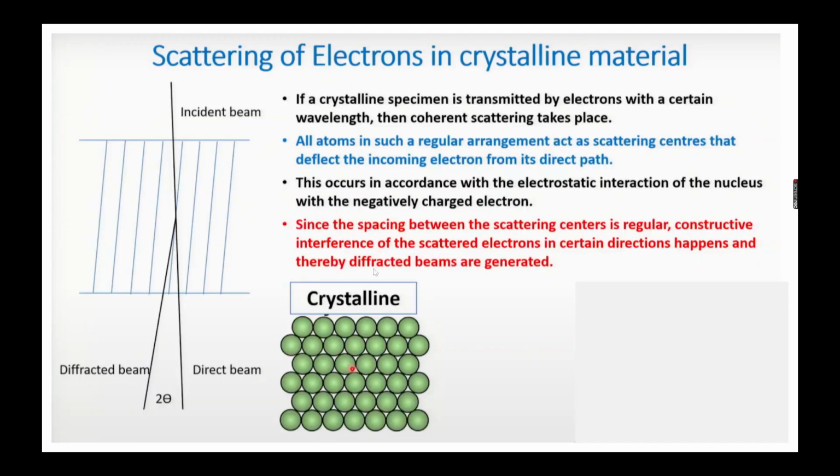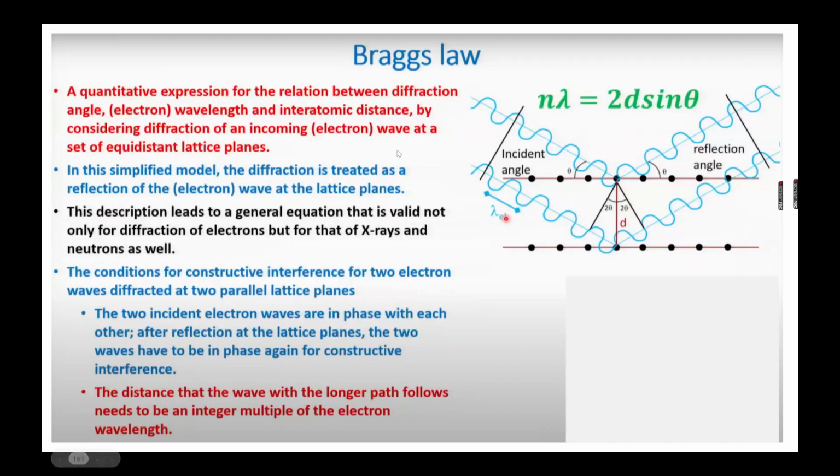But here this angle is smaller when you consider electron diffraction, whereas here it is going in an altogether different direction. If you remember the diagram of Bragg's law, then it is just a guess.